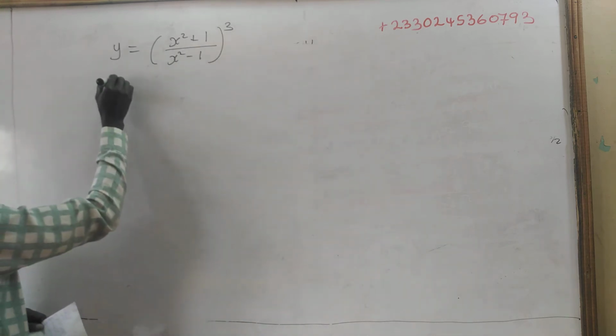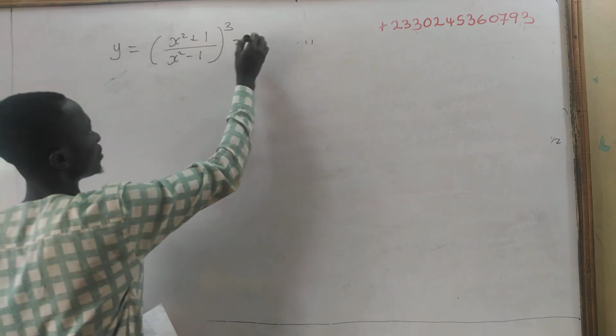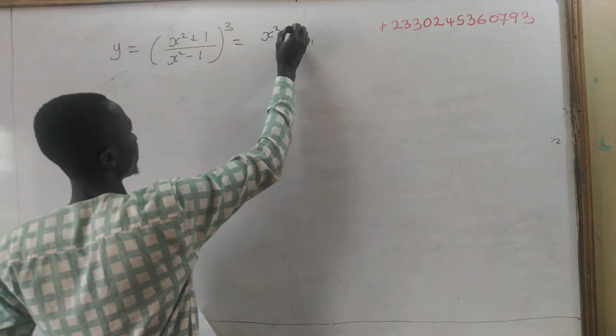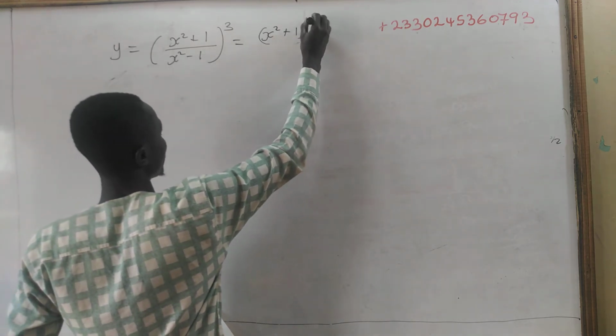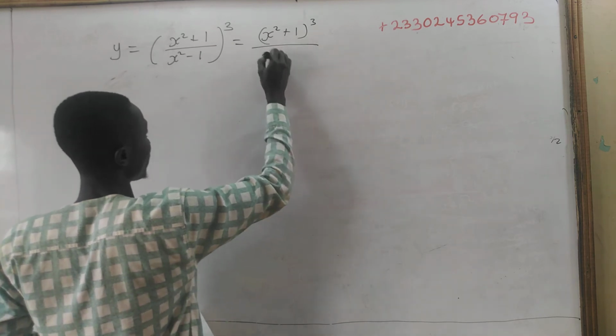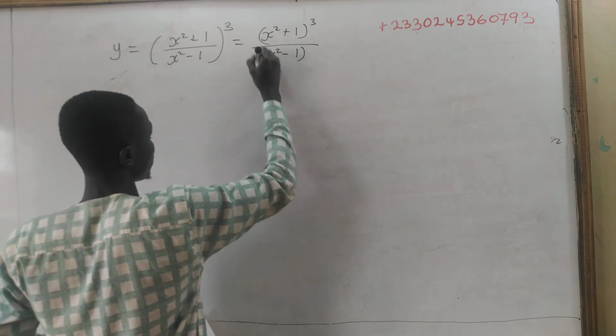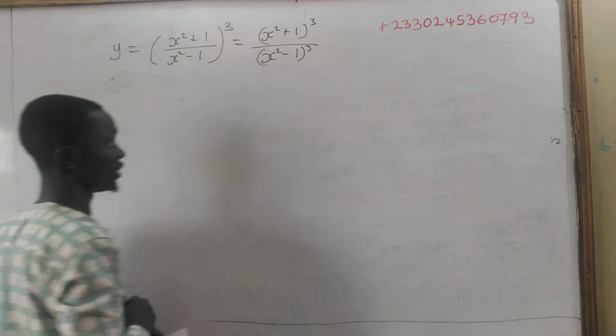Now this is the same as x squared plus 1 to the power 3 divided by x squared minus 1 to the power 3.